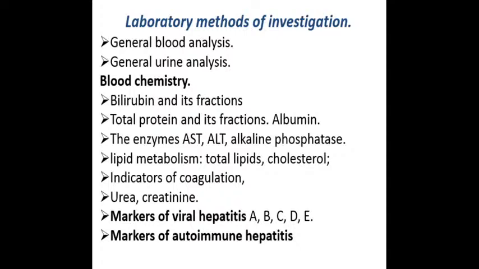Next, we must do laboratory examination: analysis of the blood, analysis of the urine, blood chemistry, including bilirubin, total protein and fractions, albumin. We must determine enzymes, transaminases, alkaline phosphatase, lipid metabolism, indicators of coagulation, and also urea and creatinine to study kidney function.